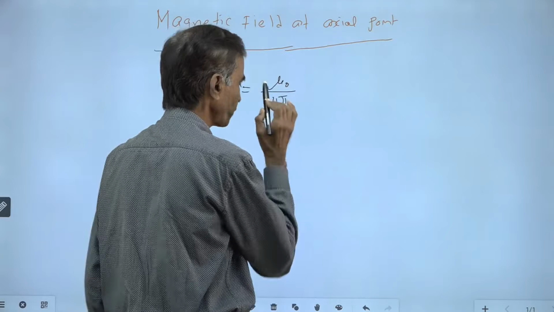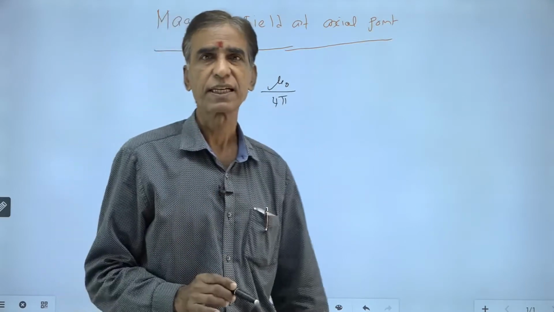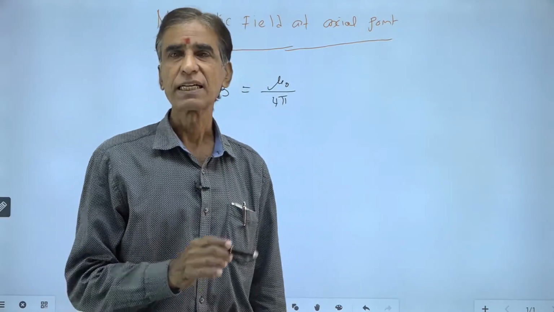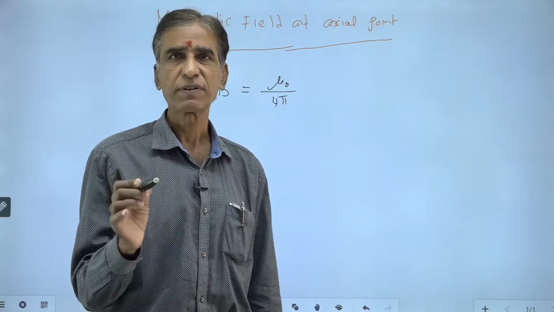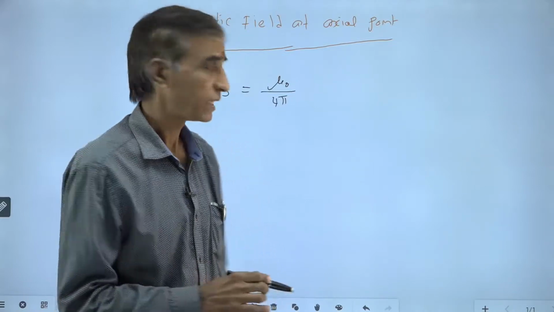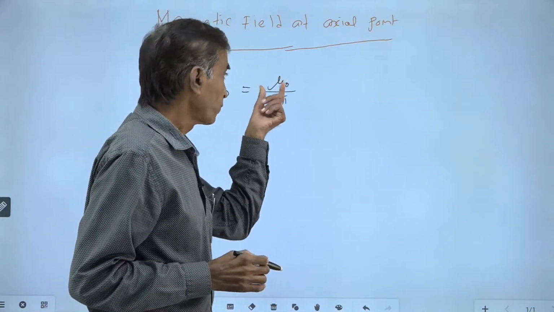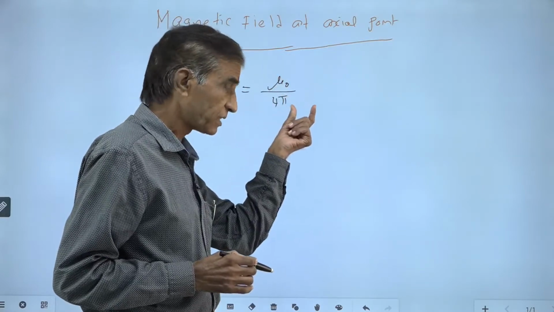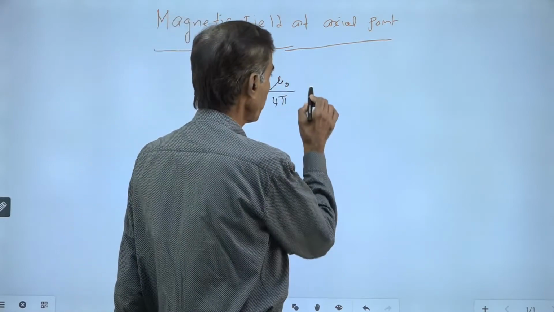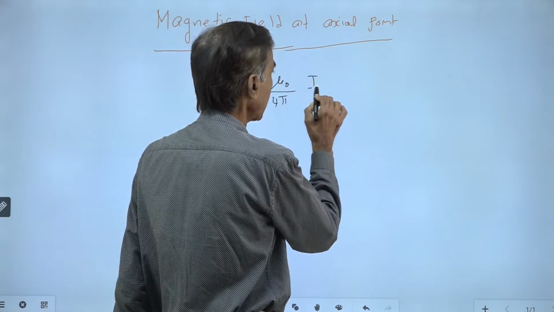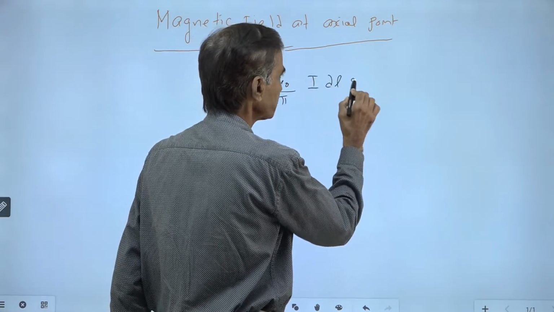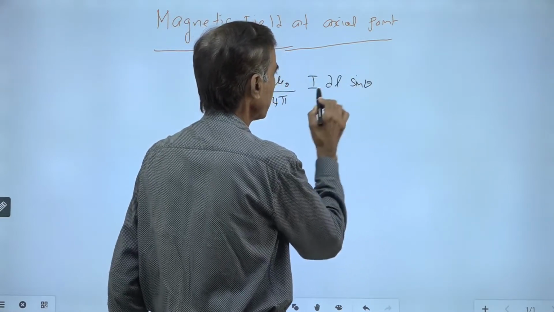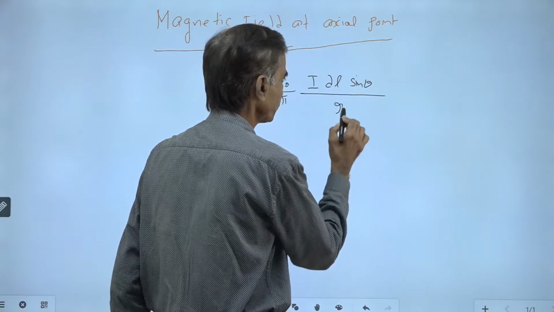This mu naught by 4 pi is like a proportional constant in physics, and it has been taken as 10 power minus 7. That is, mu naught is 4 pi into 10 power minus 7, into I dl sin theta upon r square.